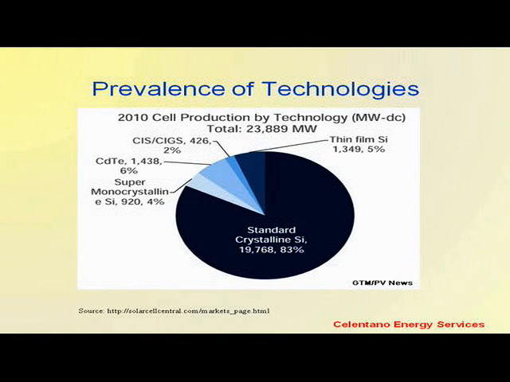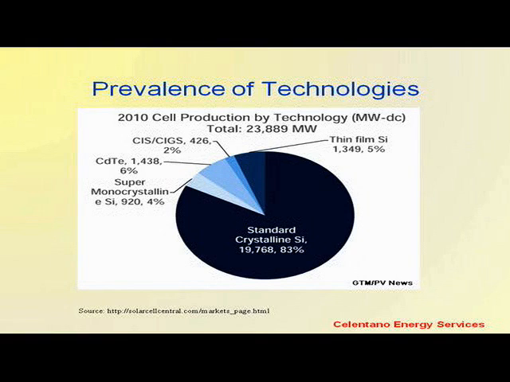Okay, let's look at the different technologies that are used. The most common technology is the standard crystalline technology. We'll be explaining this in just a second. There's a supercrystalline, also known as monocrystalline, which is based on one silicon crystal. There's also the thin silicon technology. This is thin film technology.